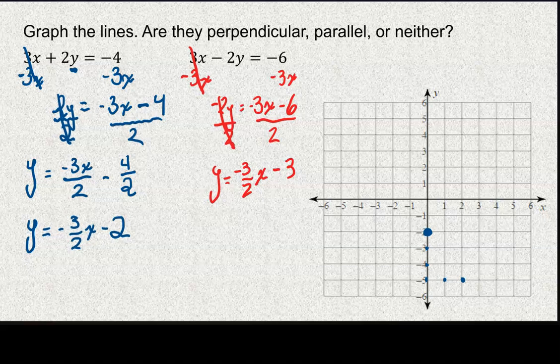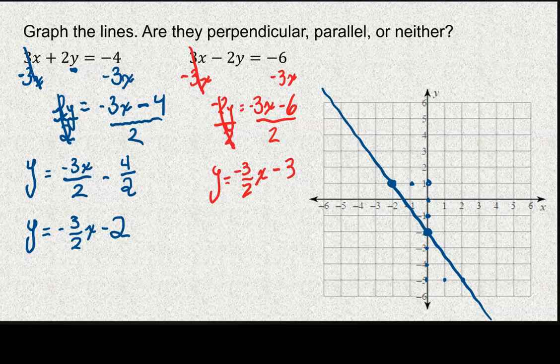I could also count up 3, 1, 2, 3, which is positive, then left 2, 1, 2, which is negative. And that makes the same line. So when I line up my straight edge, you'll see my points will all line up and stay consistent. Okay, let's graph the next.